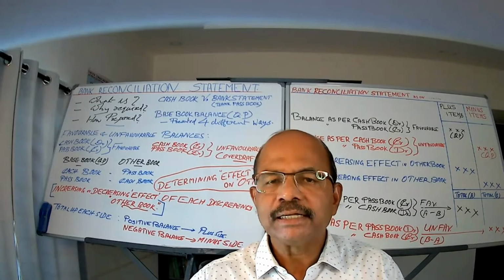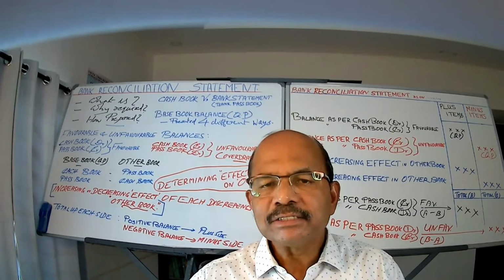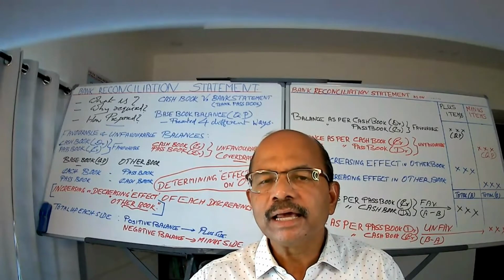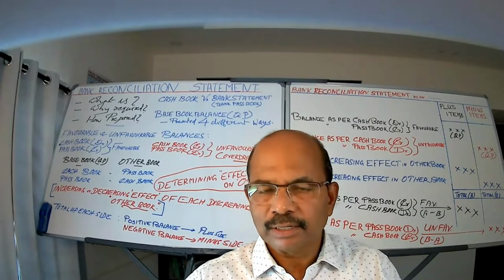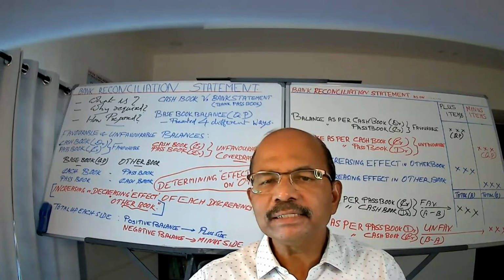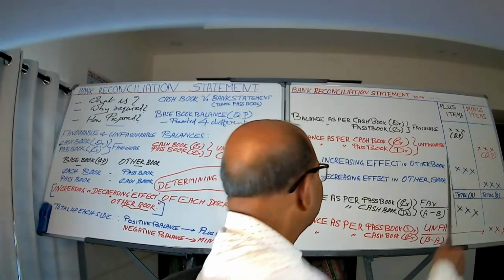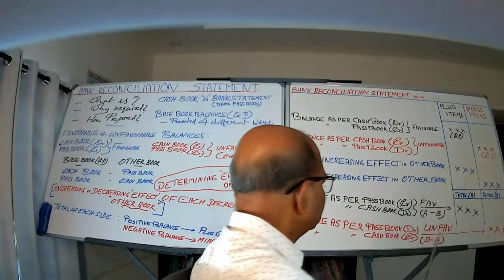Cash book is 80,000. I have to decide based on the concerned book, that is nothing but the pass book. It is an increasing effect. Cash book 80,000, pass book 1 lakh. It is an increasing effect. The 20,000 you will indicate on the plus side.